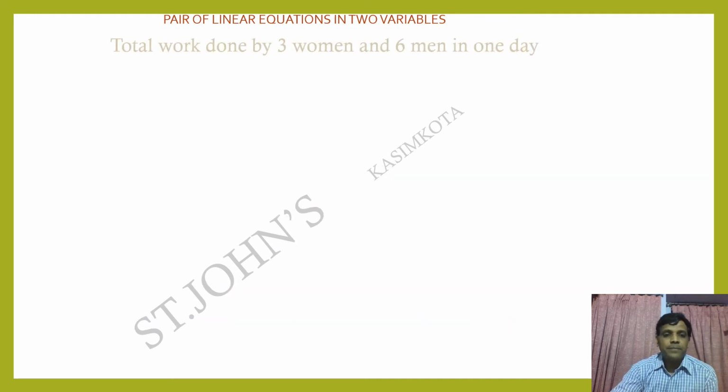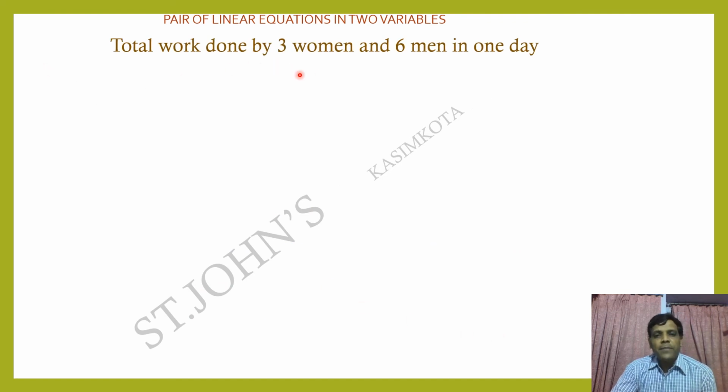What is the next step? Total work done by 3 women and 6 men in 1 day is written as 3 by x plus 6 by y equals 1 by 3. Now simplification. 3 is in division place on the LHS; transposing, a division moves to the opposite side as multiplication.